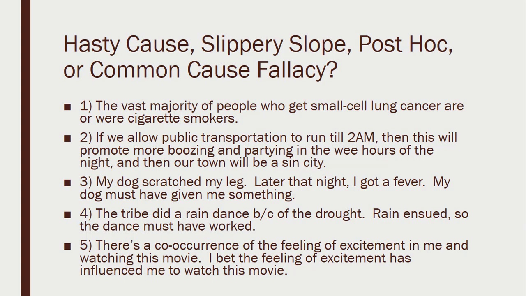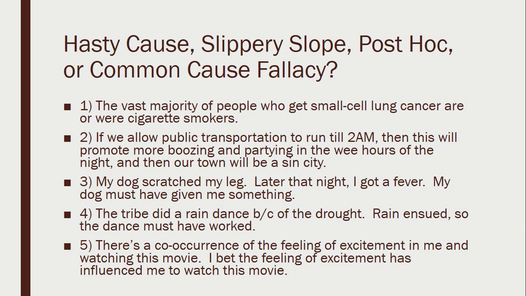Right? My dog must have given me something. So this would require further evidence, right, to show that there actually is causation. You cannot draw this kind of conclusion merely based on the fact that one precedes the other in time. So this is the post hoc fallacy.